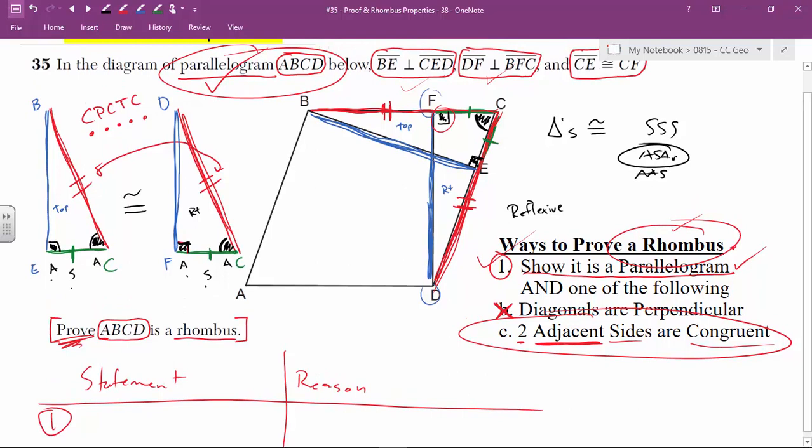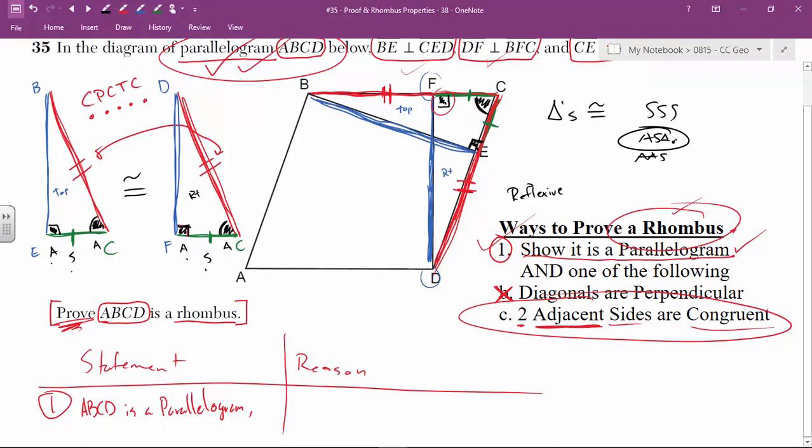So they give us a ton of givens. So I'm just going to list them all. I'm going to say ABCD is a parallelogram. Okay, that's one thing they give us. They give us these perpendicular statements. They say BE is perpendicular to CD.